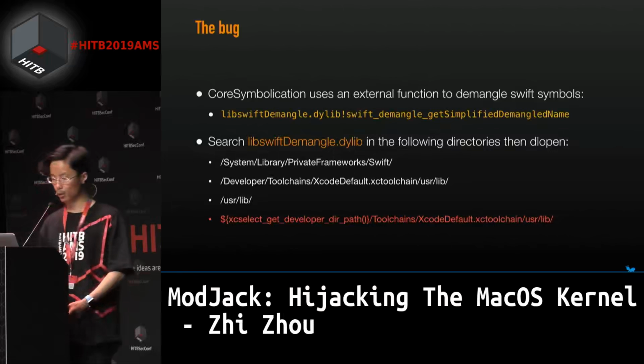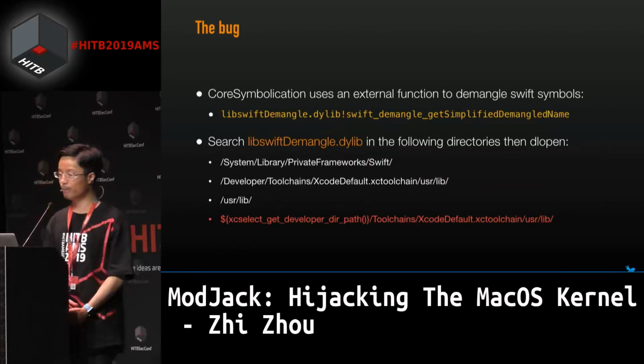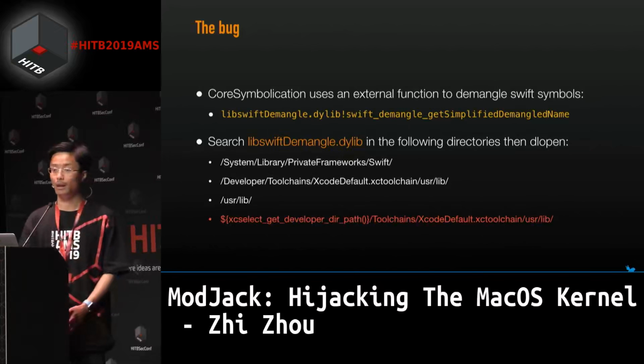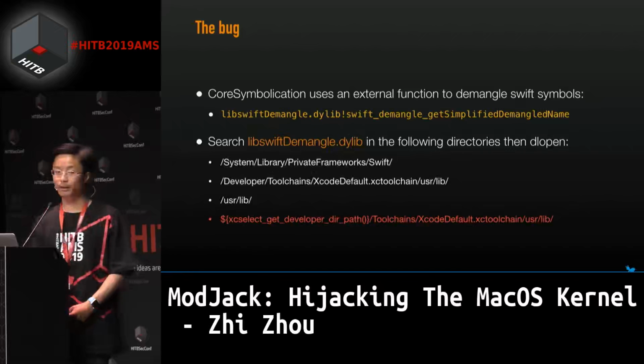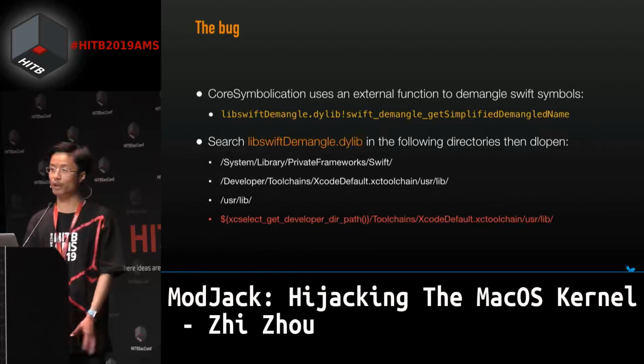Inside, when handling those Swift binaries, it will call an external function to demangle the name. Do you know name demangling? When you're handling C++ programs or the Swift runtime, you will have some special characters in the function name, which is not supported.